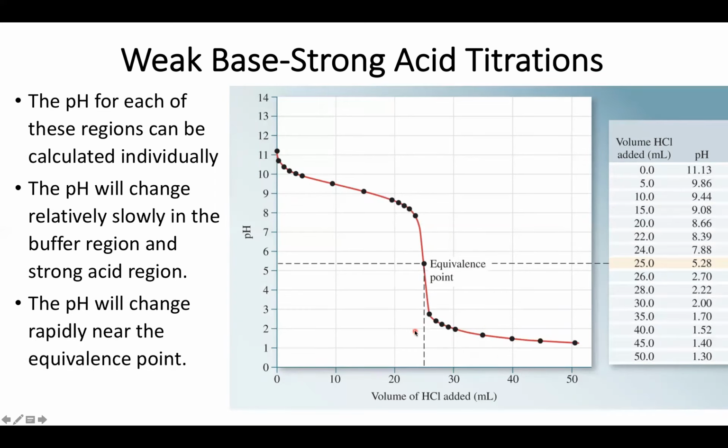However, it is also worth noting that one of the big key features of all three of the titrations we've seen so far, strong acid, weak acid, and weak base, is that the pH rapidly changes near the equivalence point. So once we have near equal amounts of acid and base, we tend to see rapid pH changes.